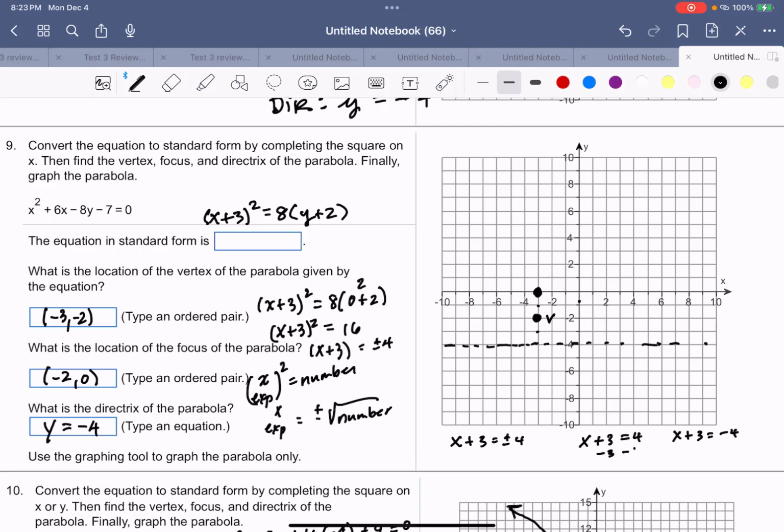Subtract 3, I get x is 1, and subtract 3, and I get x is negative 7. So over here at negative 7 and over here at 1, we have our x-intercepts because we let y be 0 in our equation. So that allows us to graph a nice graph of the parabola, go through the vertex, and hit those 2 additional points.